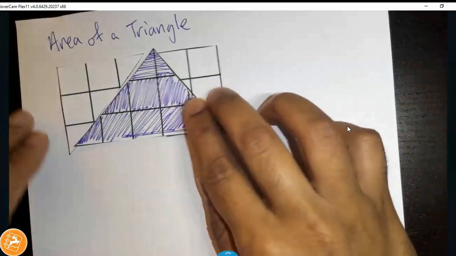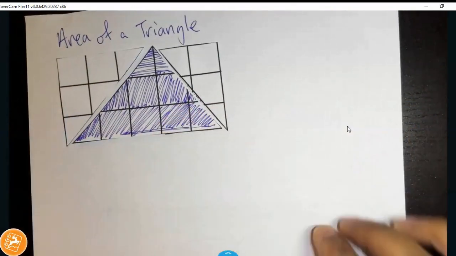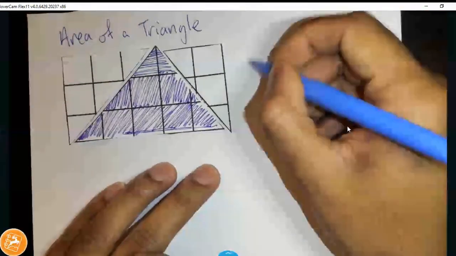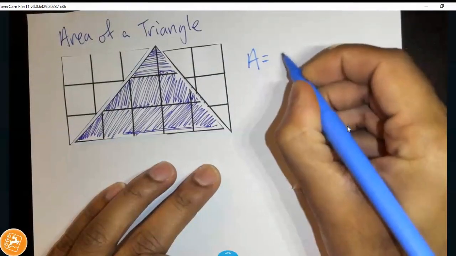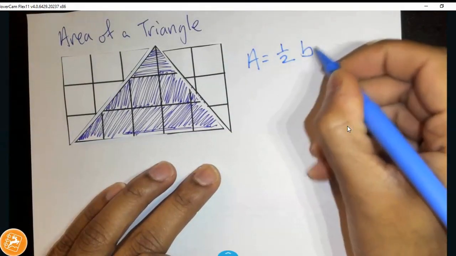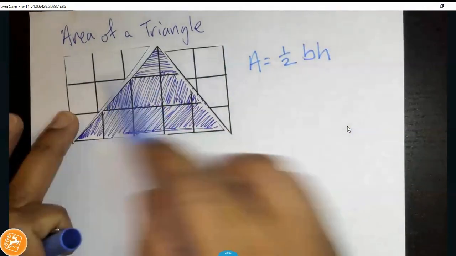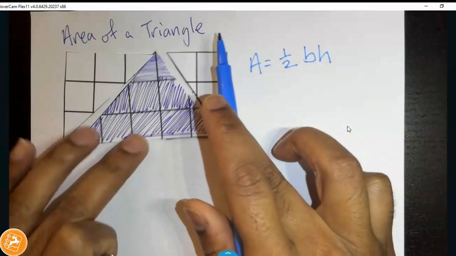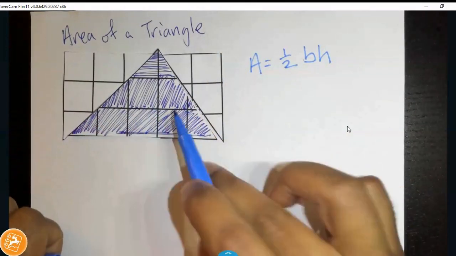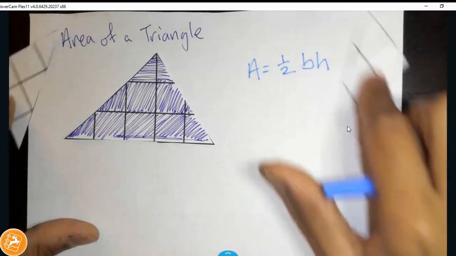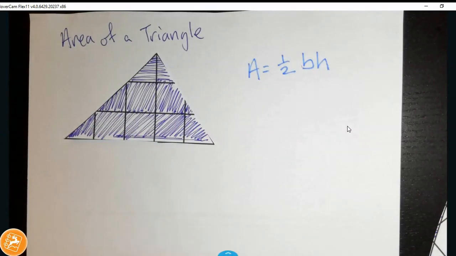That's how we get to our formula. The formula for the area of a triangle is area is equal to 1/2 base times height. Because I know base times height normally gets me just my rectangle. But if I want just the triangle, I'm only going to take half of the base times height.